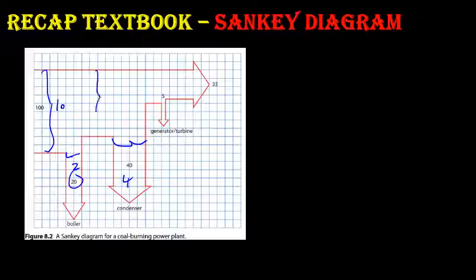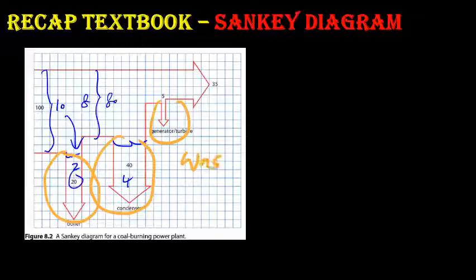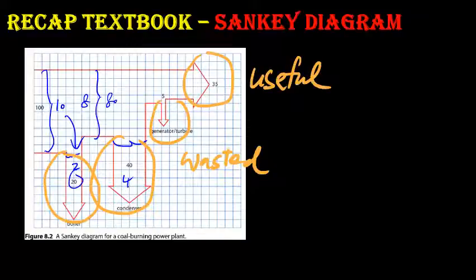After 2 went down here, you have 8 grids, which means 80 units of energy keep going. And then here you can see the process. Another thing that you can see from this Sankey diagram is that the arrows going downward are supposedly the energy which is wasted, while only the one that keeps going forward is the so-called useful energy.